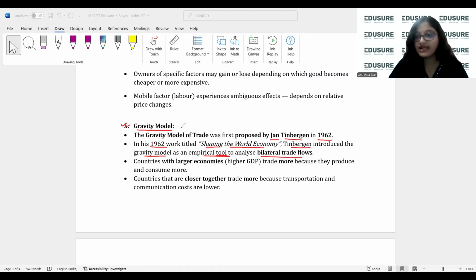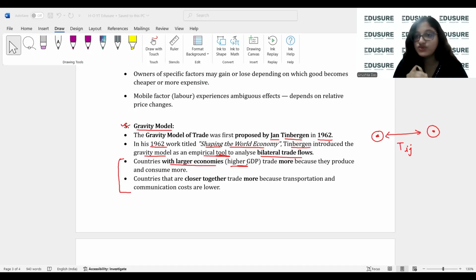So this gravity model helps you to find out, if there are two different nations, what will be the degree of the trade flow between these two nations. Bilateral trade flow between the two nations will be predicted by this gravity model. It predicts the result as follows: countries with larger economies, whose size is large, trade more.